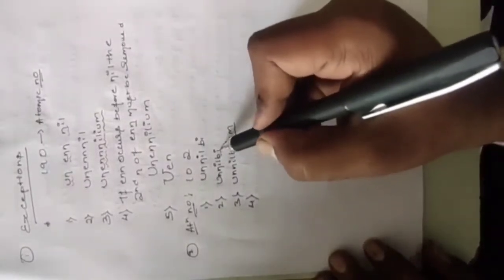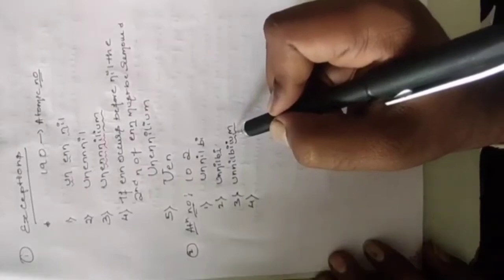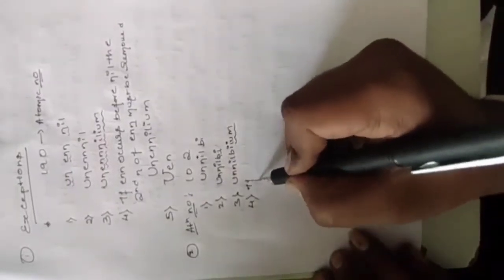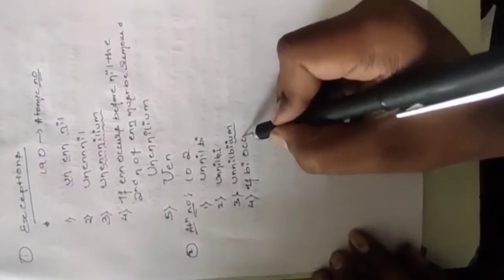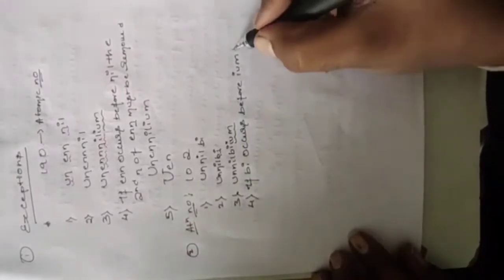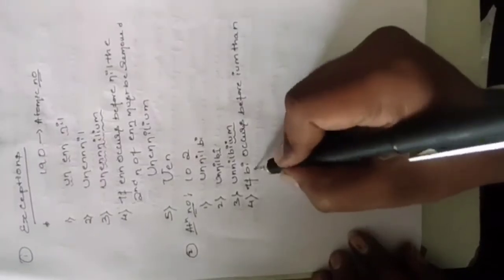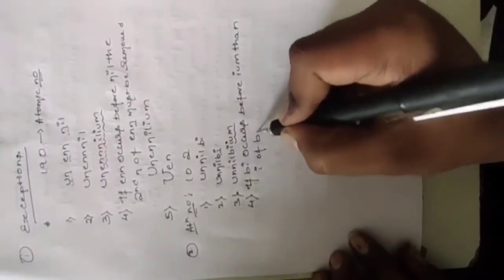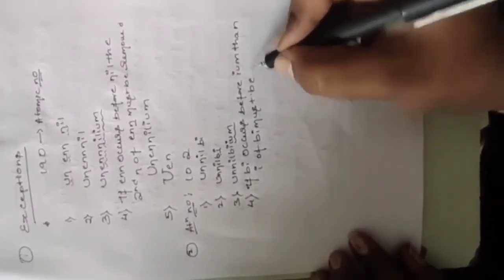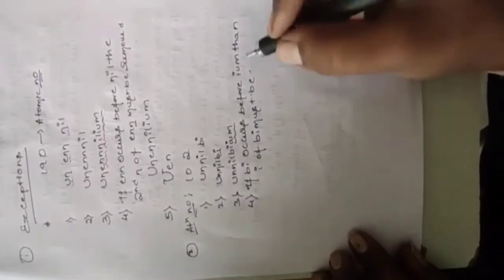The fourth will tell: if bi occurs before the ium suffix, then the i of bi must be dropped or removed. Okay, you can write anything, removed or dropped.